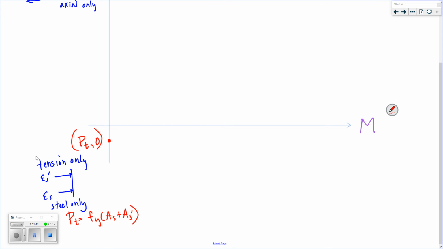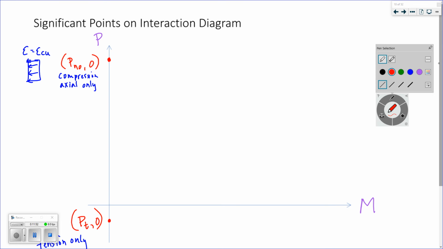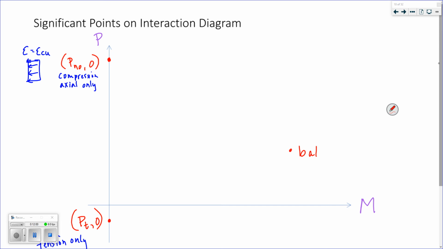Let's see, so there's 6 points. Our one other point that we already talked about was our balanced failure. I'll put that out here. That is PB and MB.